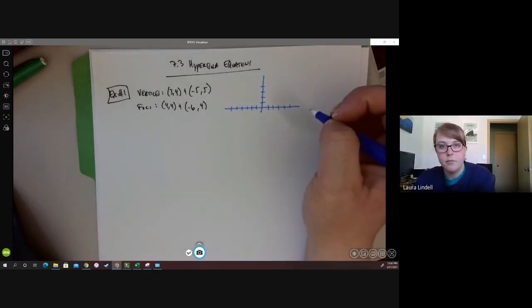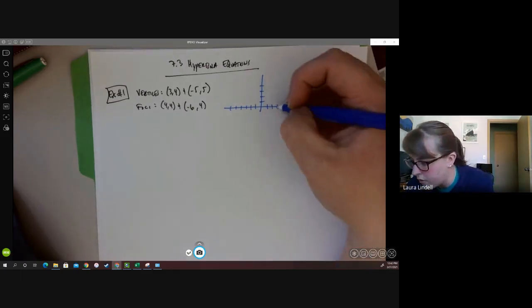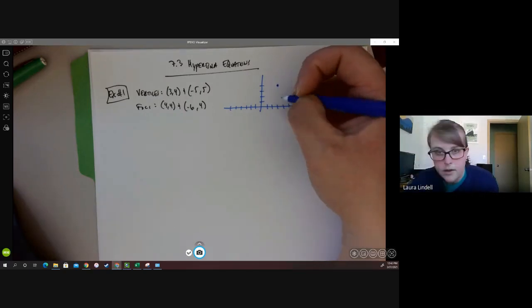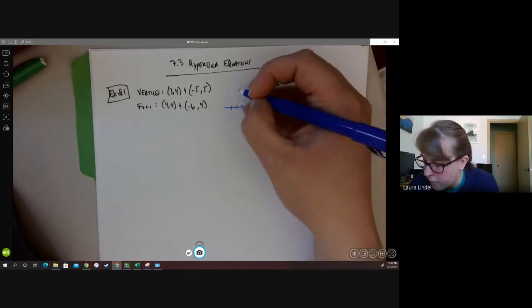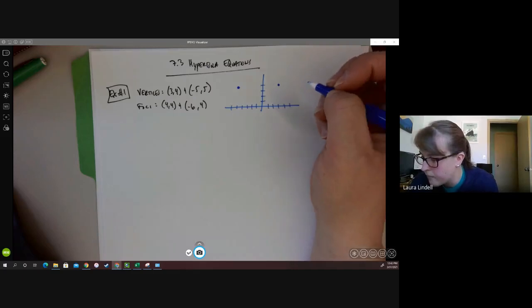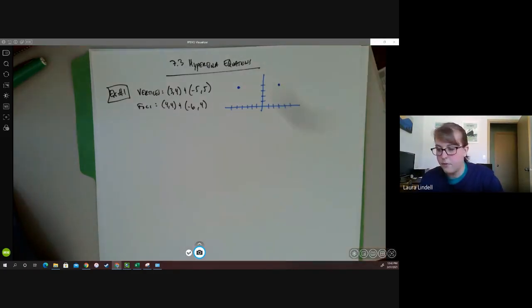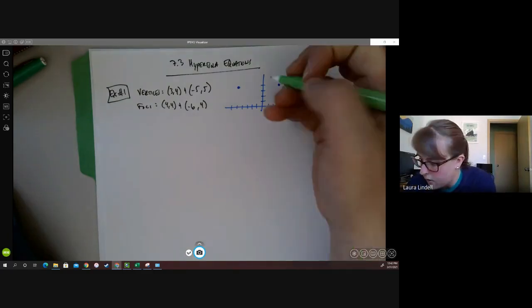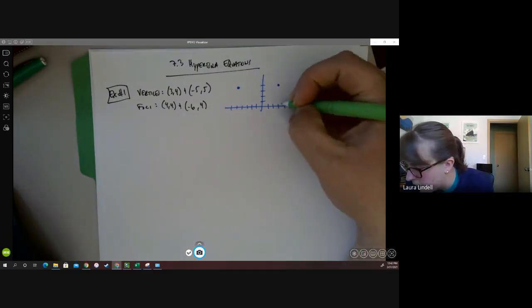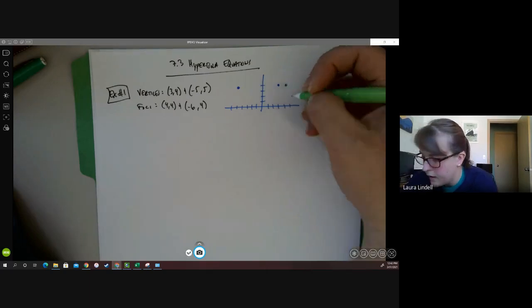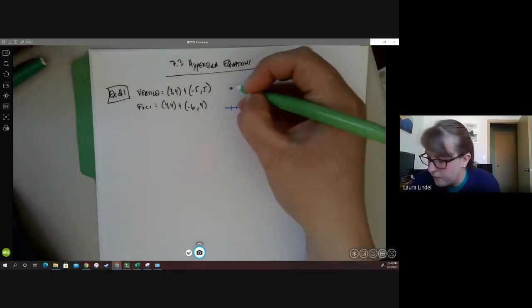And graphing all of these points. So we know the vertices are at 3, 4 and negative 5, 4. And foci are at 4, 4 and negative 6, 4.